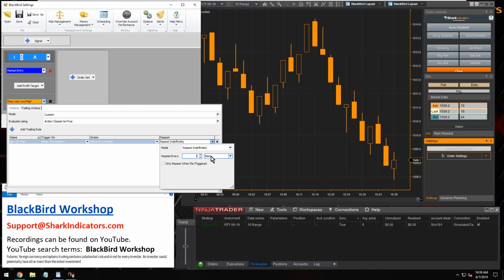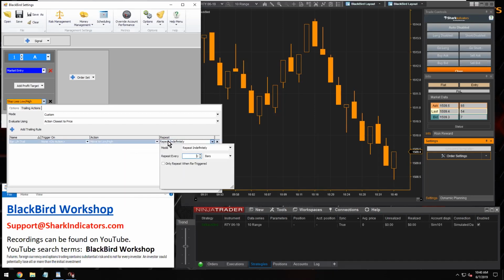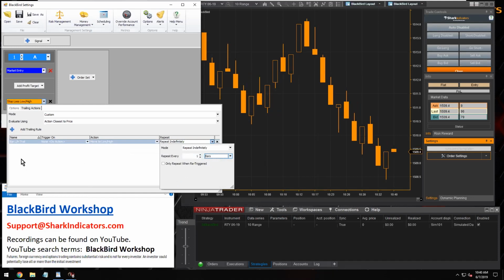So once a bar closes, that's when this trailing rule will kick in. That's when the action will calculate the new bar low price, or I should say, the action will move the stop loss to the new low price once per bar, when a bar closes.